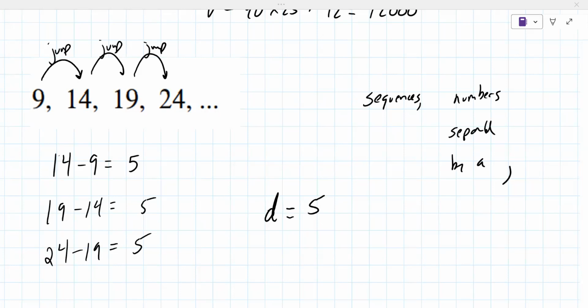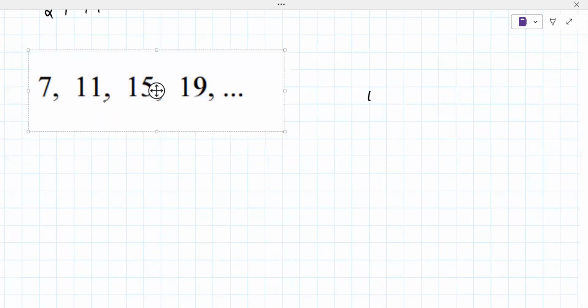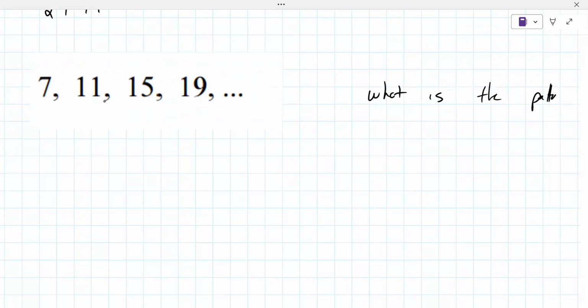Okay, let's try another one here. So really that is kind of the question: what is the pattern? If you want to put it in sort of a test taking thing here.